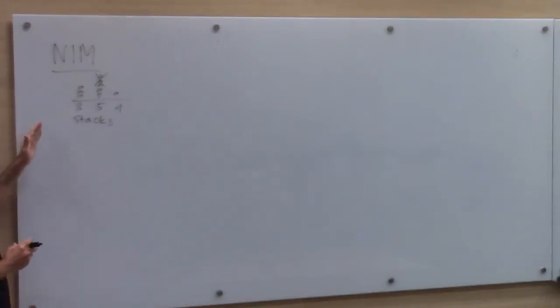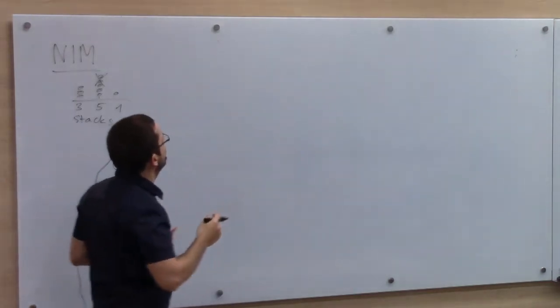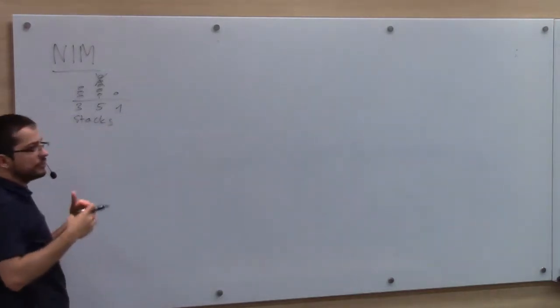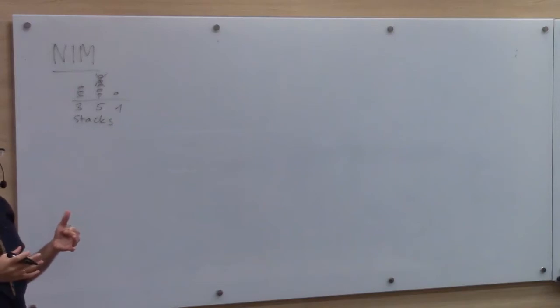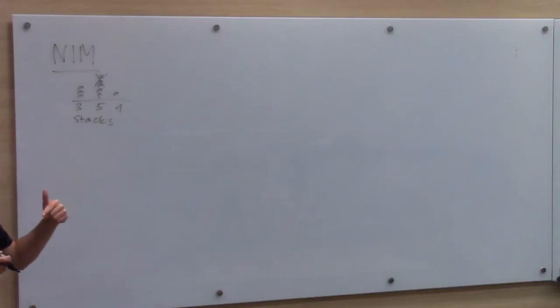So here, when we have Nim, the state of the game is represented by the sizes of the stacks. So we can make some kind of a graph, in which the vertices will be the states of the game, and we will have edges, and every edge in the graph will represent a valid move.